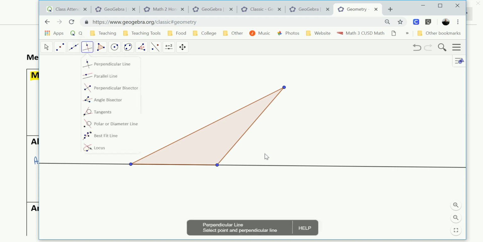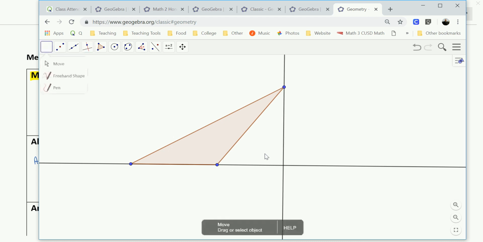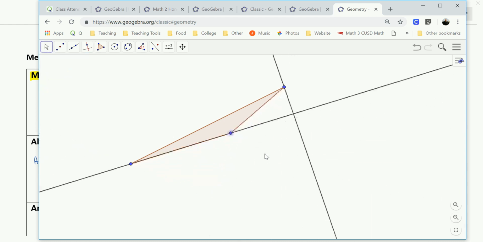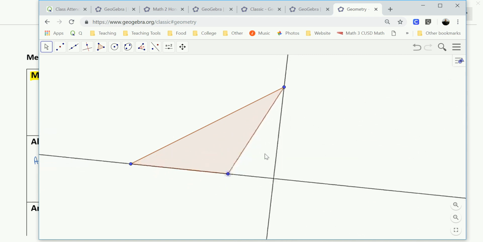And we have some options here. We don't have any perpendicular segment options, but we do have a perpendicular line option. And I'm going to click that perpendicular line. So I want it to go through that vertex, and I want it to go perpendicular to that line. And so what's going to happen now, still haven't created it, but as I move this triangle around, those two lines will always be perpendicular to each other, okay?